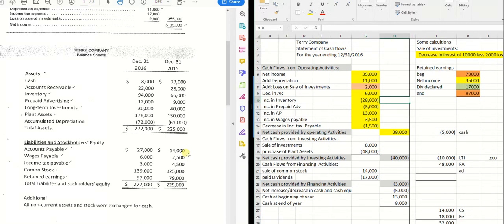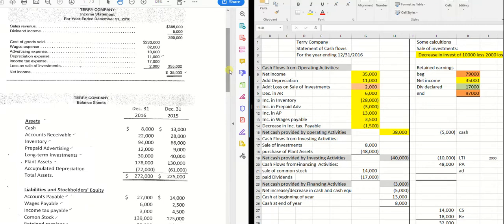Okay, so those would not be in these expenses up here because they were the expense in 2015, but I paid them in 2016. Okay, so I would reduce cash because they're paid off. However, these are expense in 2016, but not yet paid. Okay, so notice in accounts payable that cash increases because I have more unpaid bills than I had last year.